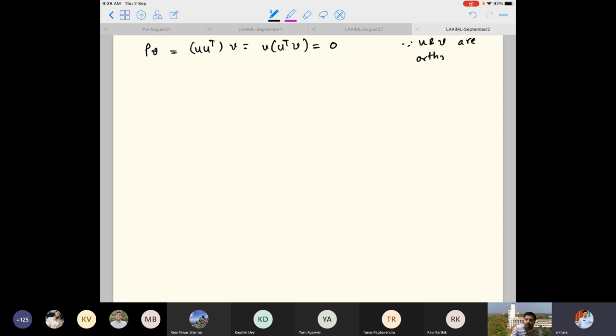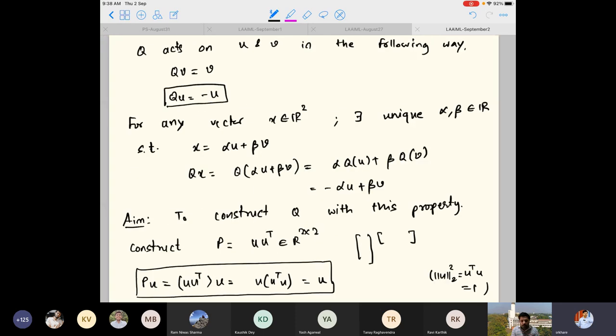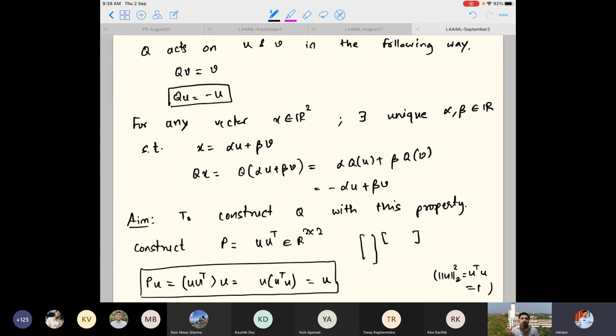They are perpendicular to each other, so U transpose V has to be equal to 0. So PV is equal to 0. What is happening to V? V is going to 0 and U is going to U. U is the same and V is going to 0. That's what happened. Wonderful. And here Q is sending U to minus U and V to V.